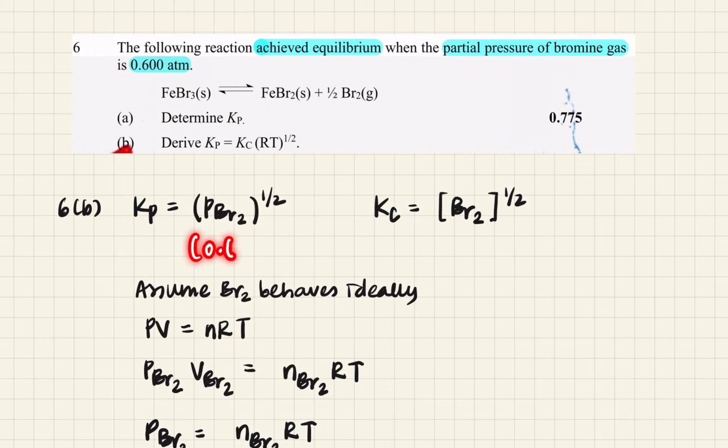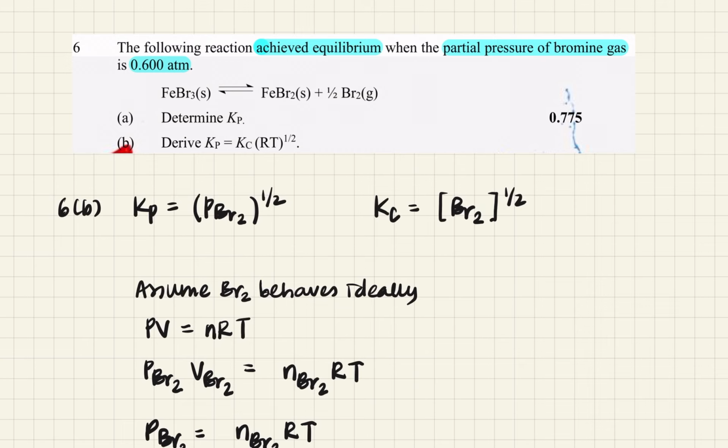So that means 0.6 to the power of 1/2, or square root, right? So then you can get your answer, which is 0.775. Alright, so next, okay, 6b, they ask you to derive Kp equals Kc RT to the power of delta n. Okay, 1/2 is your delta n.